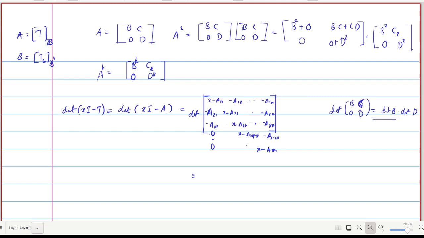Using that, the determinant of this can be written as the determinant of the matrix of this part.